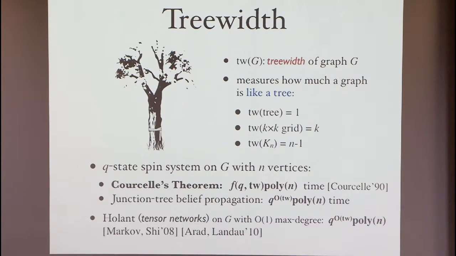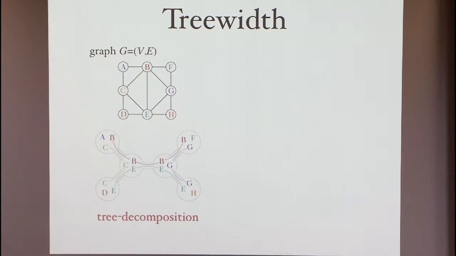That's for spin systems. And for Holant, if your graph has bounded maximum degree, then the same time bound is achieved in the context of tensor networks in quantum computing. So let me briefly explain why bounded treewidth helps counting.